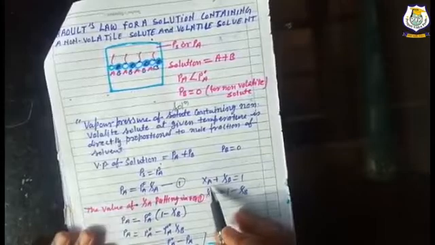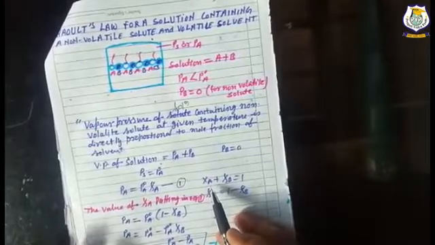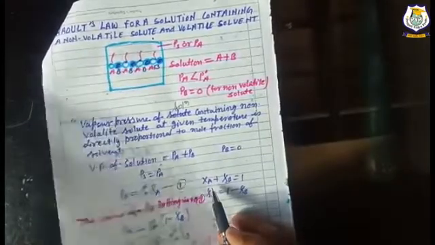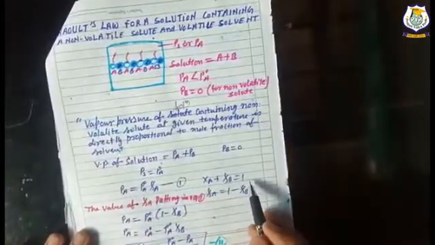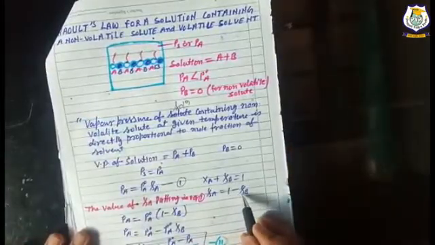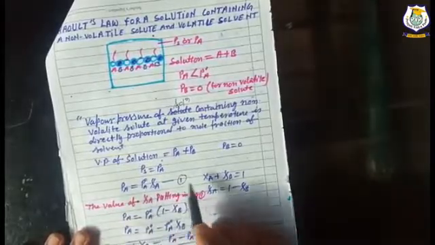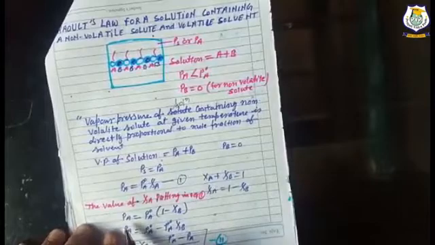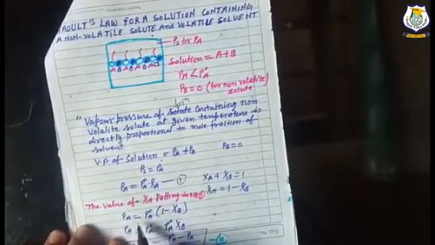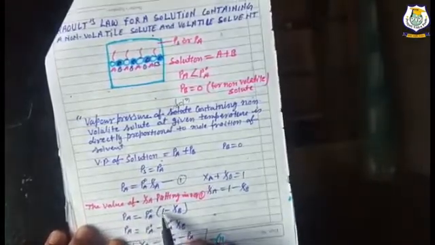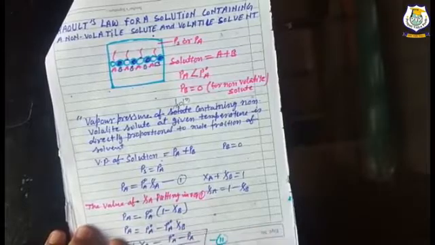We know from the mole fraction equation that XA plus XB equals 1, so XA equals 1 minus XB. Putting this value of XA in equation first, we get PA equals P naught A times (1 minus XB).